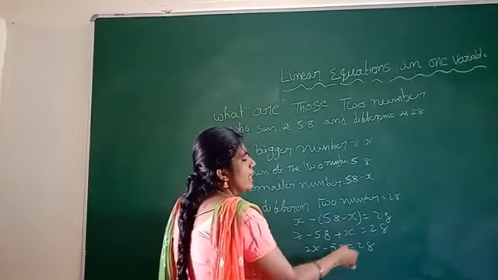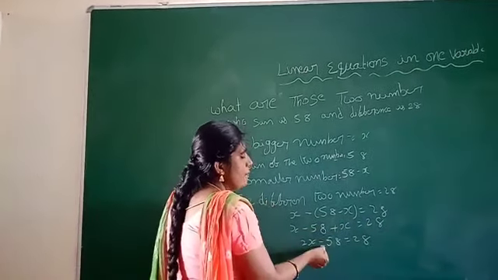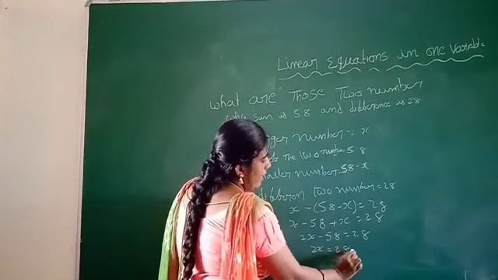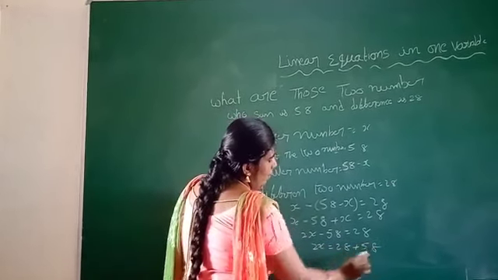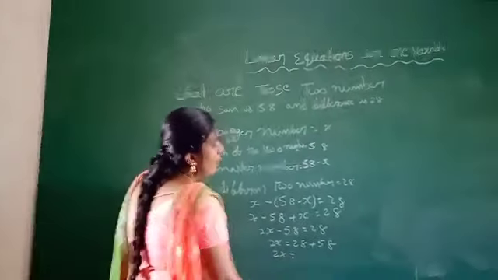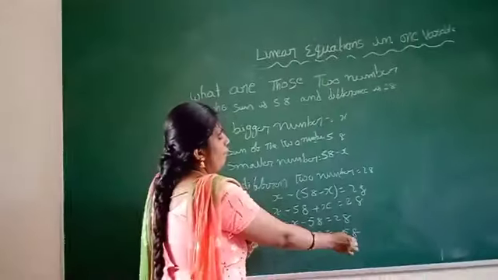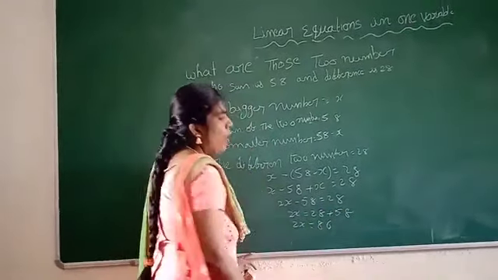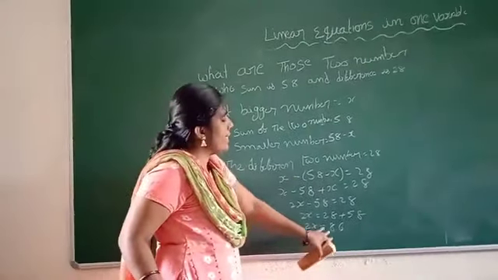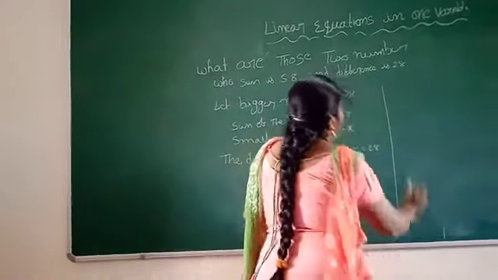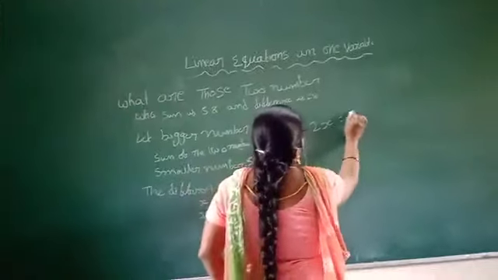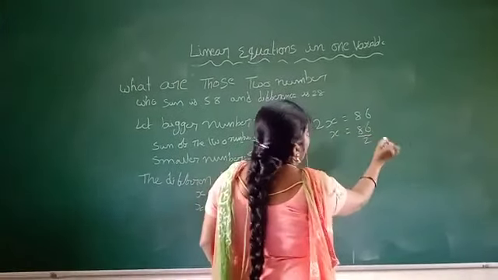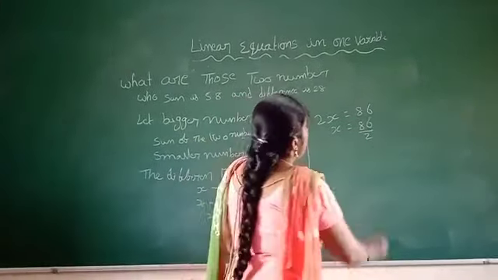Minus 58 is transferred to the other side, minus becomes plus. 2x equal to 28 plus 58, which is 86. 2x equal to 86, so x equal to 86 by 2.